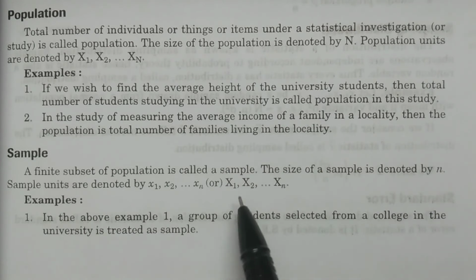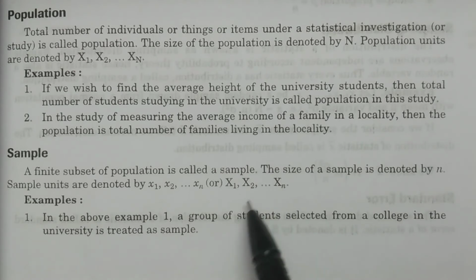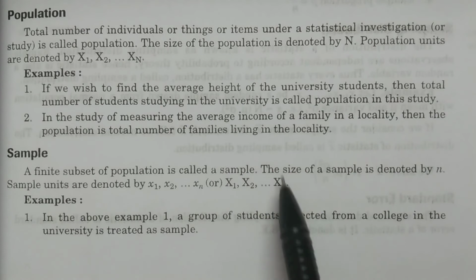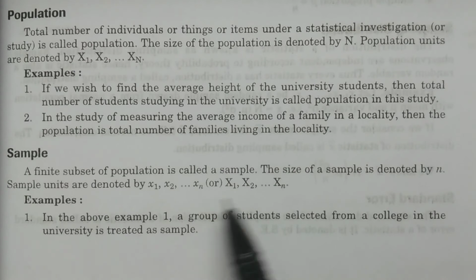That is the reason why we represent X1, capital X2, capital X small n as another notation for the sample. These are all units drawn from the population only, where small n is equal to 100 units, x1, x2 and so on up to x100.